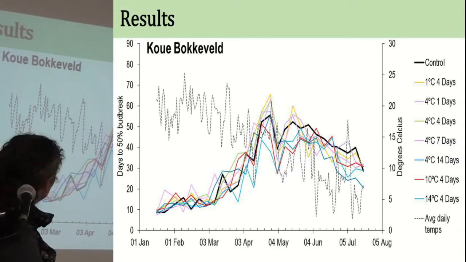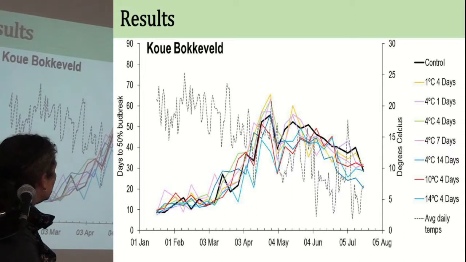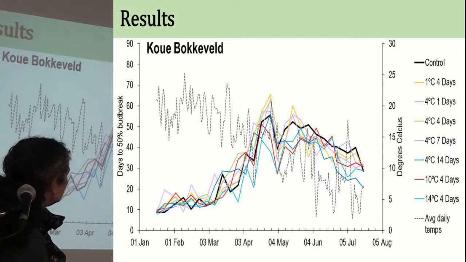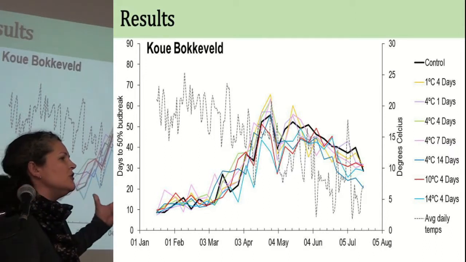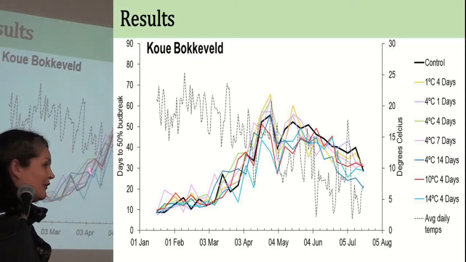The buds seem to show little sensitivity towards the cold. We did see differences here. Maximum levels were slightly higher with additional cold, and definitely coming out of dormancy. The treatment lines are all below the control, so you can see that the additional cold actually pulls those shoots out of dormancy sooner and faster.